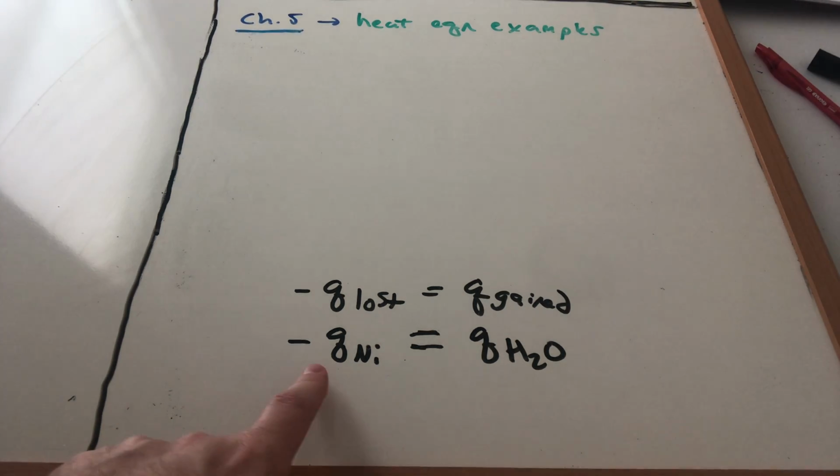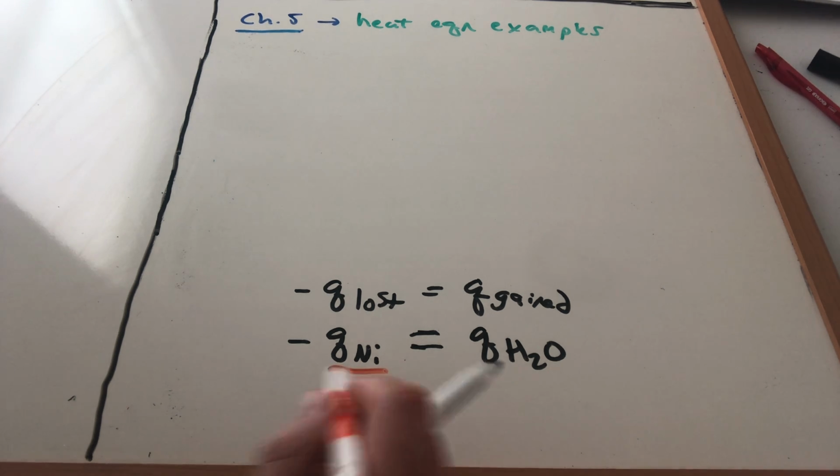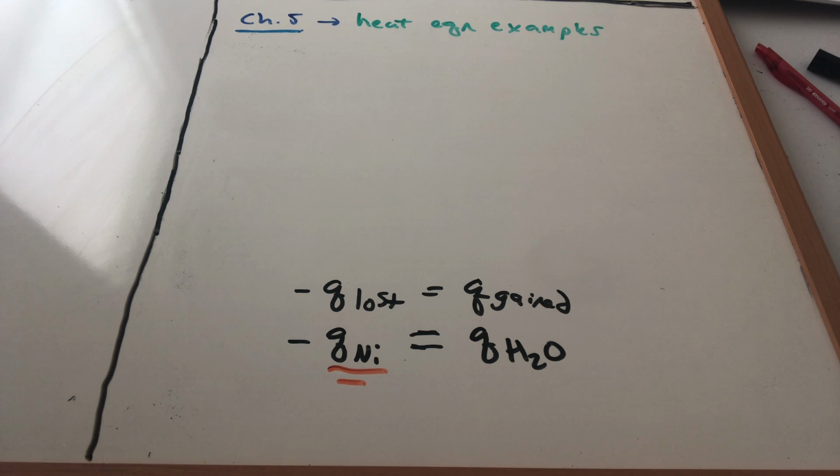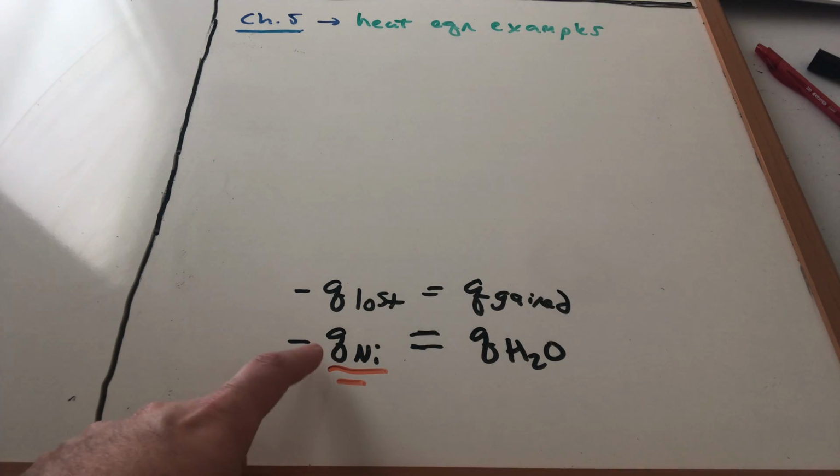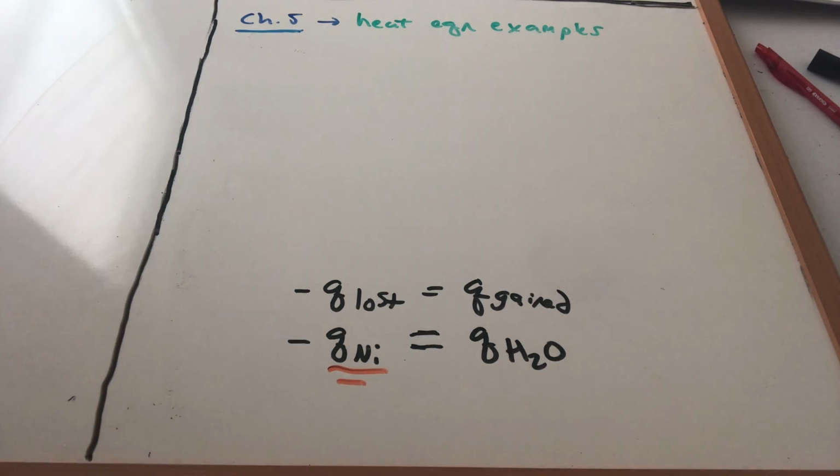Okay. What am I going to substitute in for Q of nickel? Well, what am I given about nickel that gives me a pathway towards calculating a Q? Well, I'm given a specific heat. So just like other problems, if I'm given a specific heat, what can I do for Q of nickel?